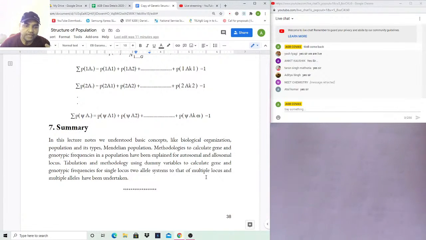Methodologies to calculate the gene and genotypic frequencies in a population have been explained for autosomal and allosomal loci. Tabulation and methodology using dummy variables to calculate gene and genotypic frequency for a single locus, two allele system, and to that of multiple loci and multiple alleles have been undertaken.